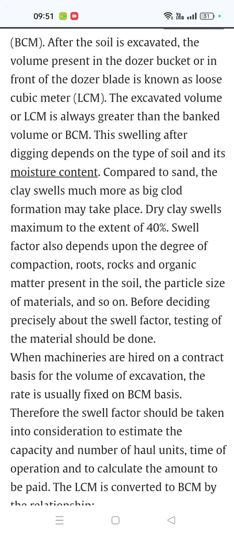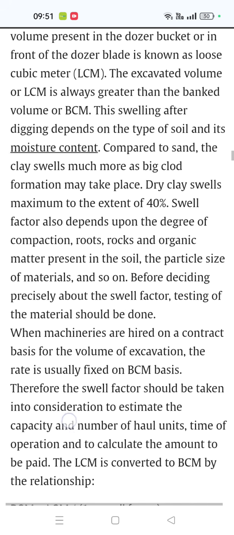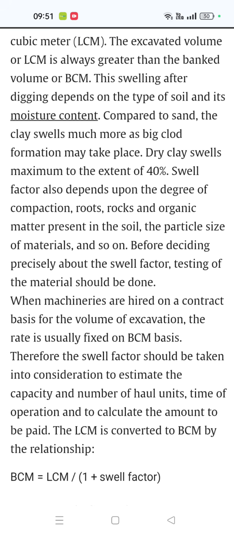This swelling after digging depends on the type of soil and its moisture content. Compared to sand, clay swells much more as big clot formation may take place.